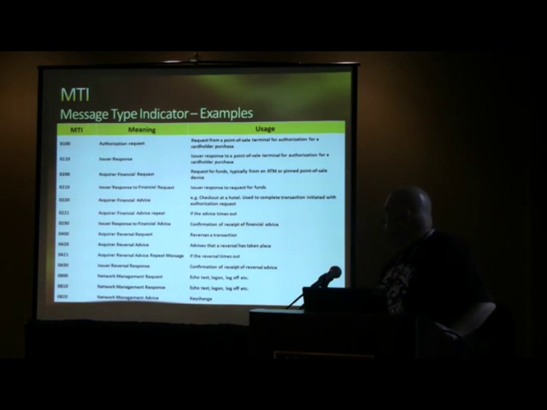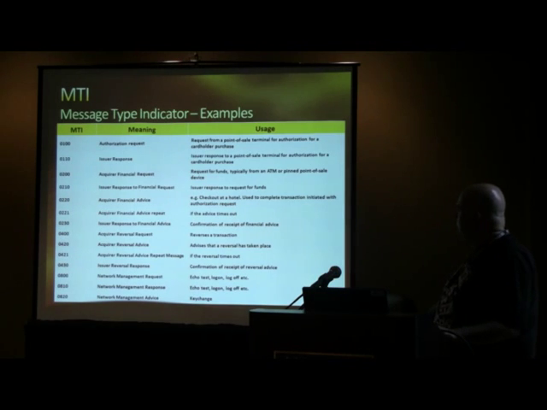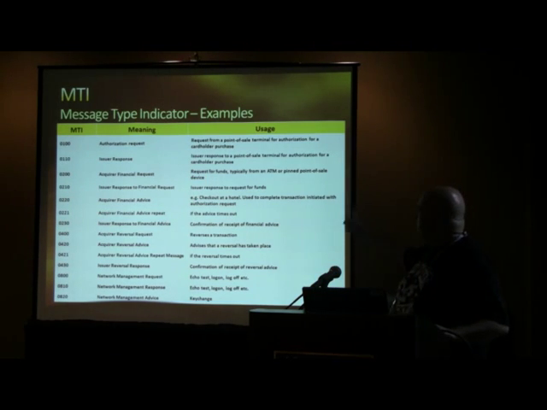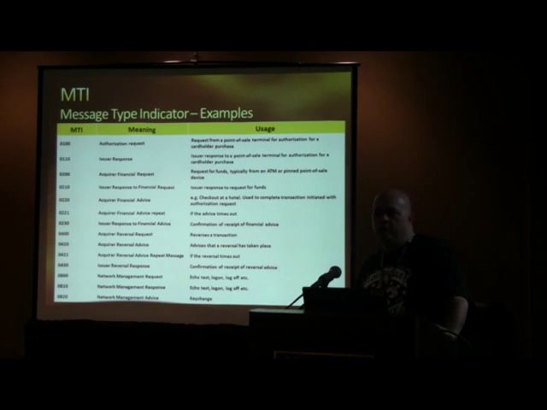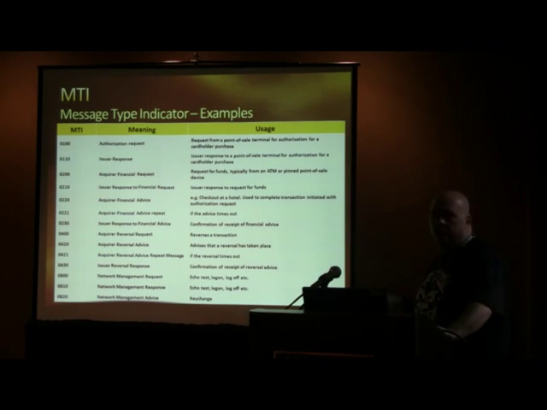So then we go through some really fun stuff here. Here's a few examples. Essentially, if you go to purchase something, normally what will get sent through is a 0-100. And it's asking the bank, hey, does this person have any money in his account? Can we charge his account? And what they'll get back is a 0-110, coming back saying yes or no. There's also a 0-200.